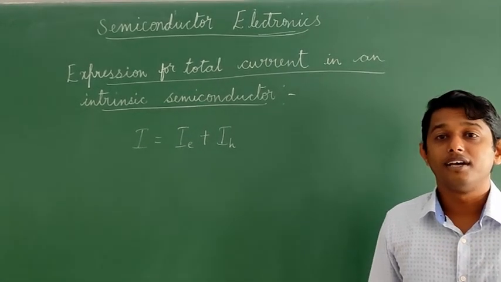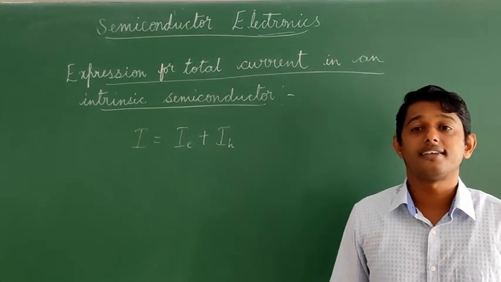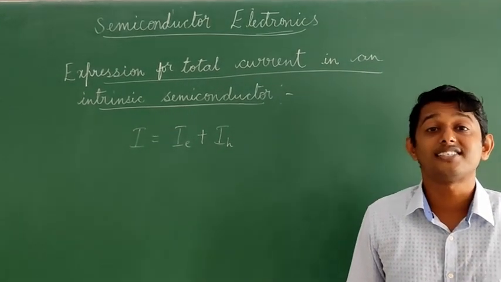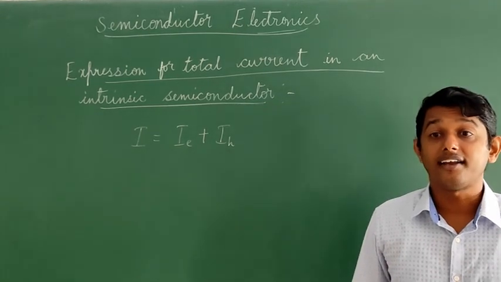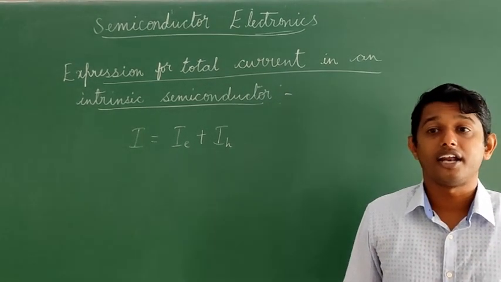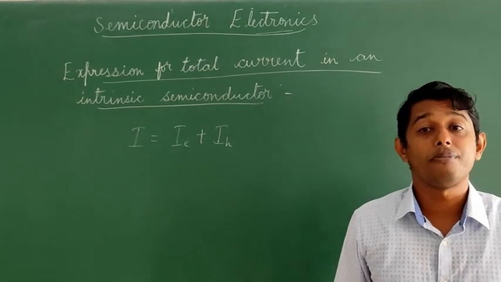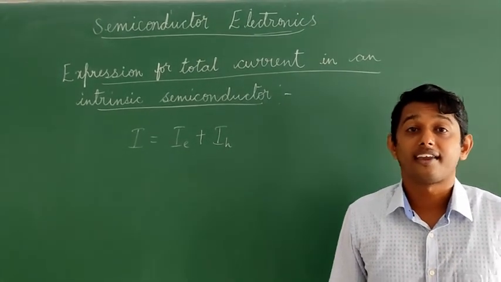At equilibrium, the rate of generation is equal to the rate of recombination of charge carriers.